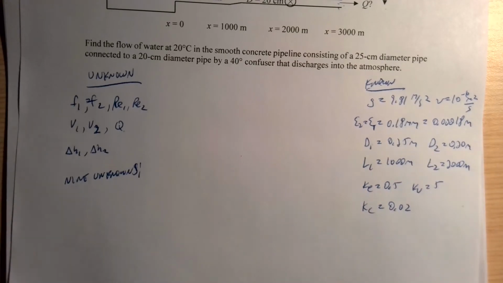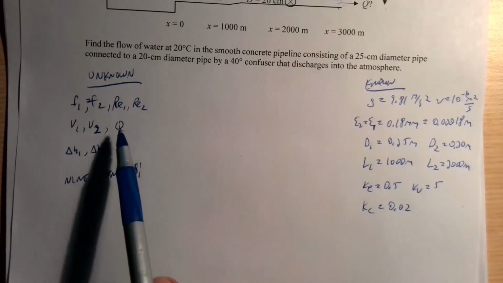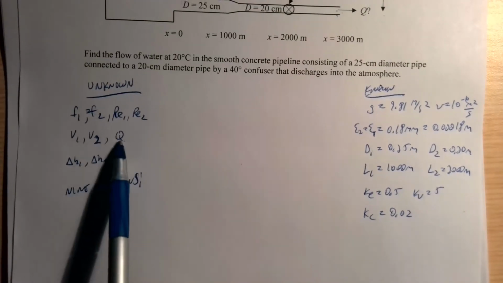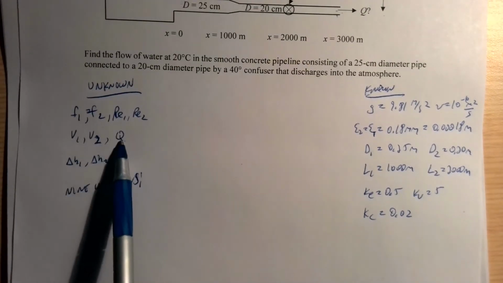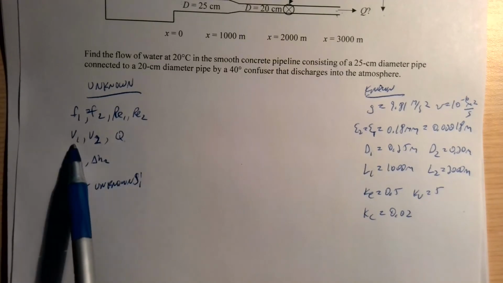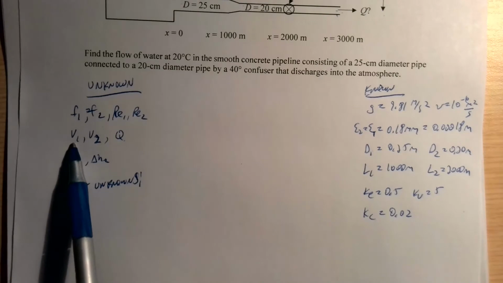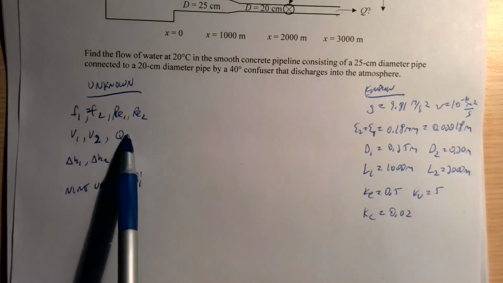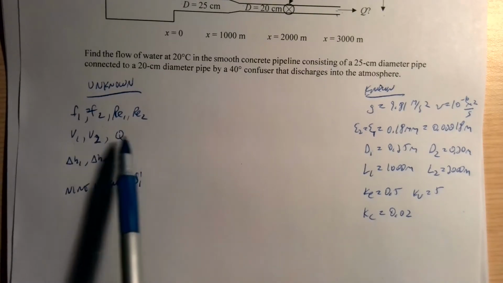Really the way we're going to solve this one is iteratively, and the key unknown here, I would argue, is going to be the flow rate. This is something I just know from experience, but if I knew the flow rate, could I figure out V1? Yes, not hard at all. Q equals VA. Could I figure out V2? Yes, also easy.